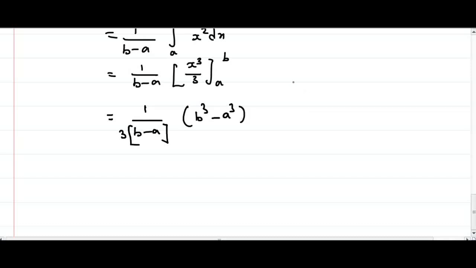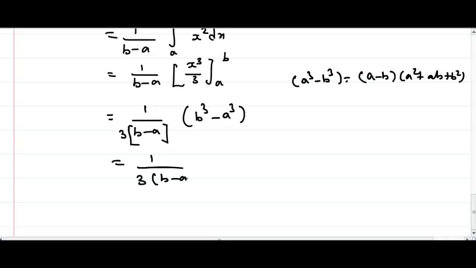We know one formula: a cube minus b cube equals (a minus b) into (a square plus ab plus b square). Substitute here, replacing a with b and b with a. We get 1 by 3 into (b minus a) into (b minus a) into (b square plus ab plus a square).